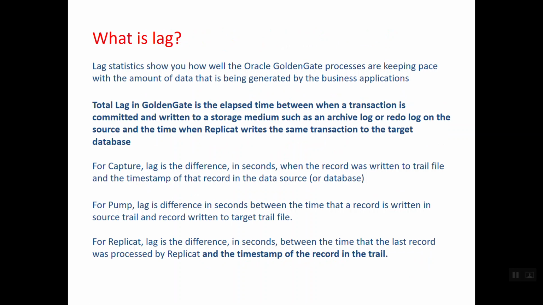If a transaction is committed at 10 o'clock in the source system, and the same transaction gets committed at 10:10 in the target system, the lag would be 10 minutes for that particular transaction, or maybe overall for Golden Gate. So that would be the lag time of Golden Gate.